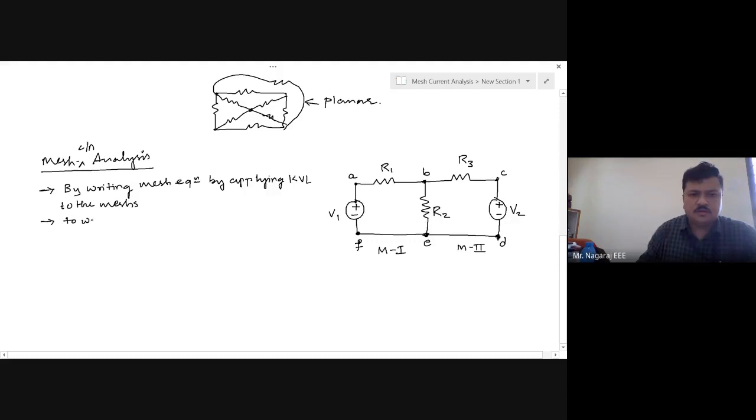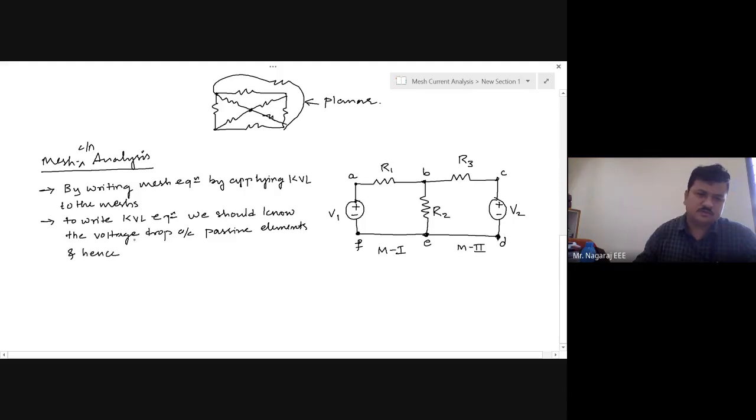To write KVL equations, we should know the voltage drop across passive elements, and hence we assume current through passive elements.